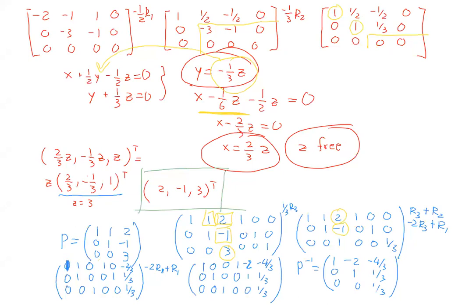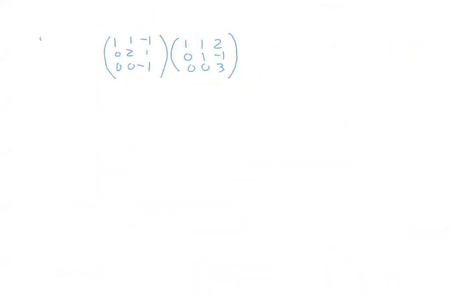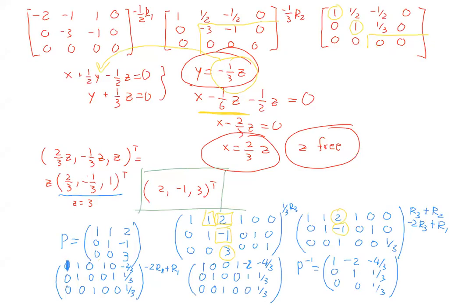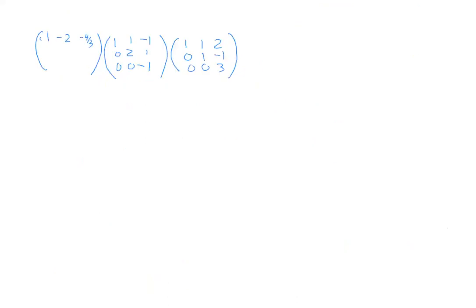And finally, we have P to the negative 1, which is 1, negative 2, negative 4/3; 0, 1, 1/3; 0, 0, 1/3.